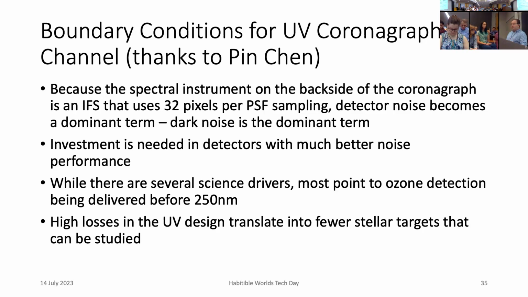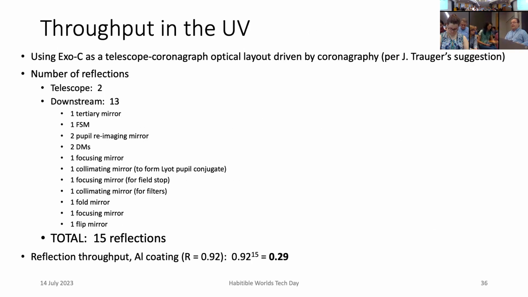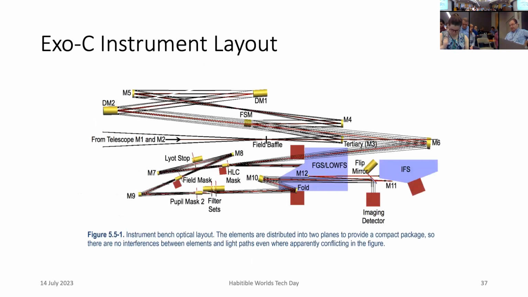Now, anybody that's worked in the ultraviolet knows that there's a lot of losses involved with reflective systems in the ultraviolet. And Pim did a calculation that he presented the results of this week about particularly low throughput at the back end if you have a design that has 15 reflections. That's because this is the design that he was using, which is borrowed from the XOC design.